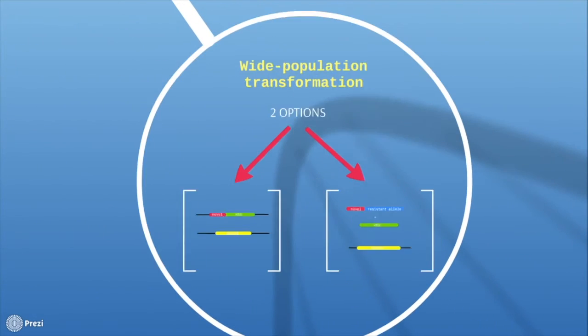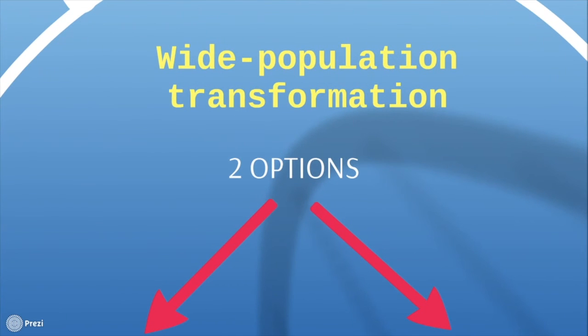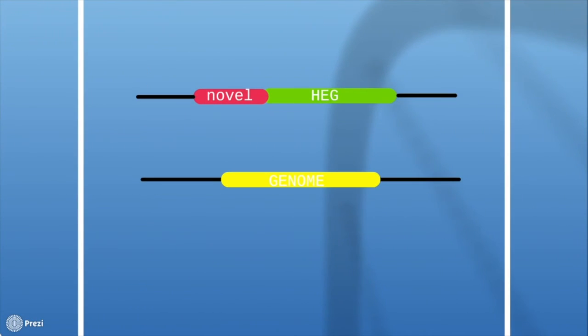Another alternative is the whole population transformation. This is driving a novel gene into the genome of a population. This can be done with our HEG in two different ways. First one, the novel gene is linked to an engineered HEG targeting a specific region of the genome.